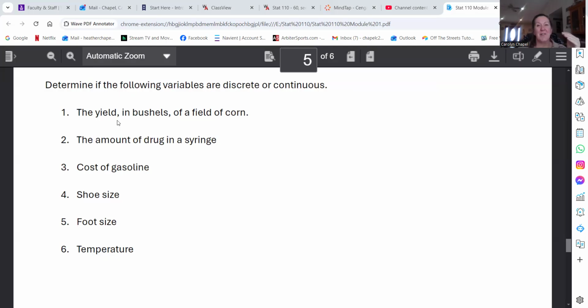Think about when they gather field corn and the corn is being picked. This one would be continuous because we could talk about bushels as 1.000005 and then just a smidge bigger. So technically this one would be a continuous spectrum. Think of picking our corn and filling up the bucket. It's going to be continually filled.